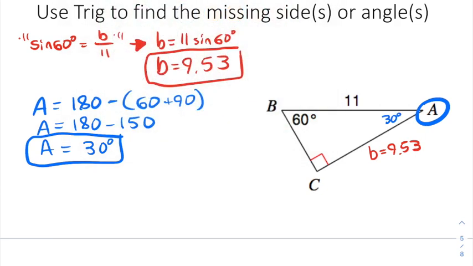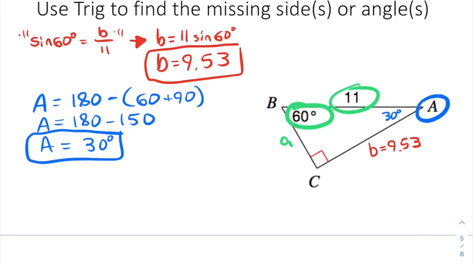Now the last thing we're missing is this side, little a. You could do this using Pythagorean theorem and the two sides that we already know, but you always want to try to use things that were given at the beginning of the problem. So I'd really like to use this 60-degree angle again, and I'd really like to use this 11 side. Well, if we're thinking about the 60-degree angle, this makes A the adjacent side, and 11 is still the hypotenuse side.